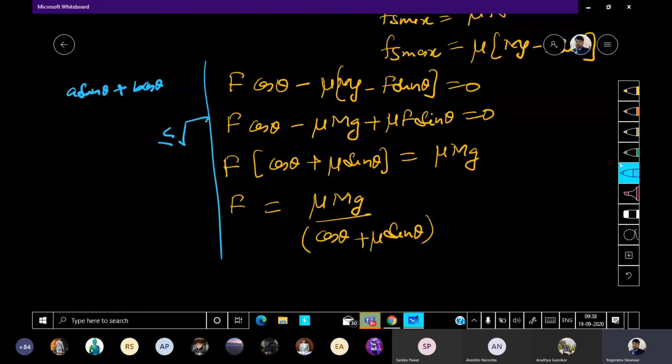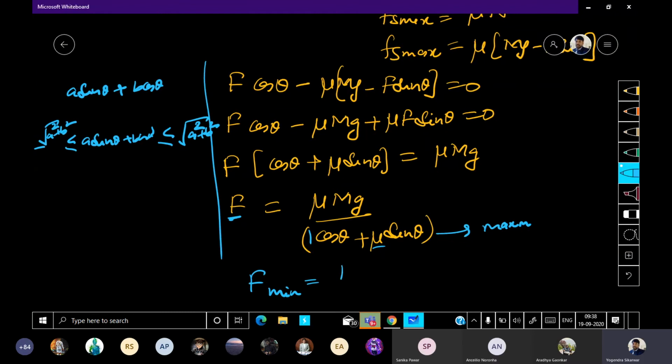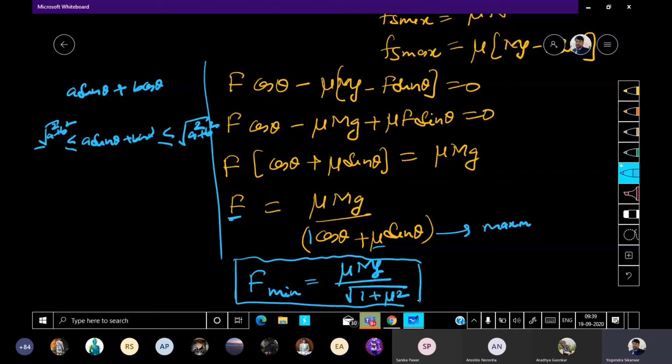Now we want force to be minimum, correct? So this value should be maximum, and the maximum value will be, here it is 1, here it is mu. So F min is equal to mu mg upon under the root of 1 plus mu square. This will be the answer.